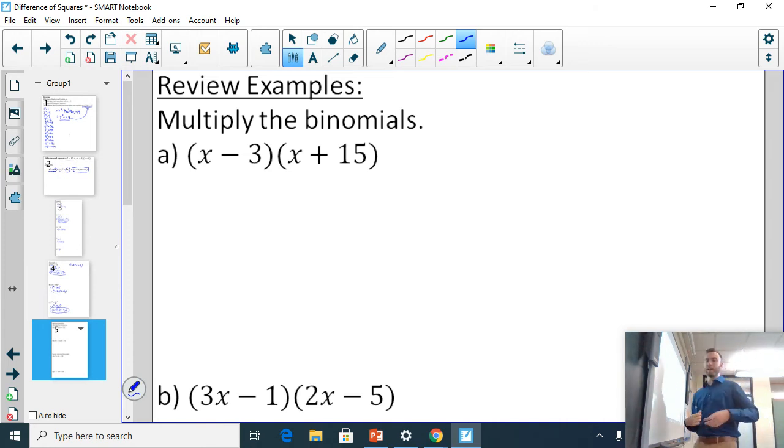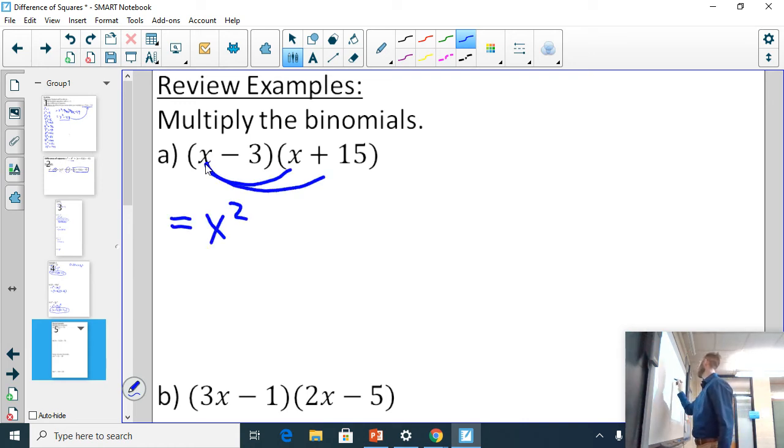Now, we're just going to hit review really quick a little bit. So, multiplying these binomials, again, we're going to do that. X times x is x squared, and then I hit the other one. 15 times x is plus 15x. Minus 3 times x is minus 3x. The negatives matter.